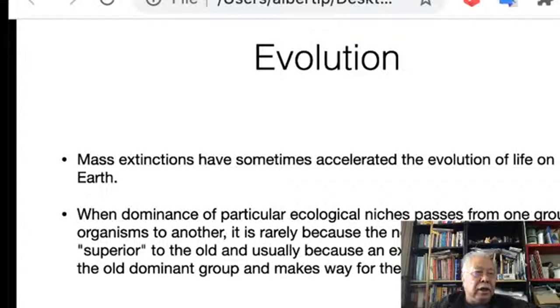Once you get into the niche and become dominant, then you occupy the niche for a long time before the next event changes the world again. So evolution is very much driven by extinctions. Every time there are extinctions, we see that life forms become much more complex.